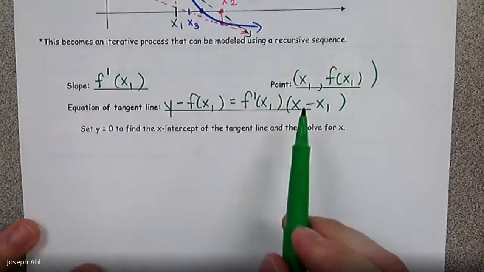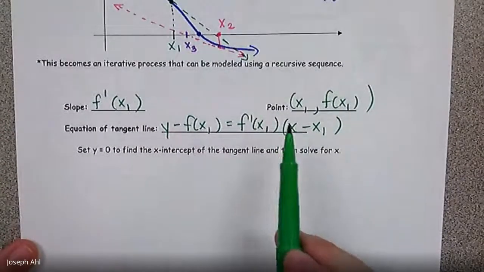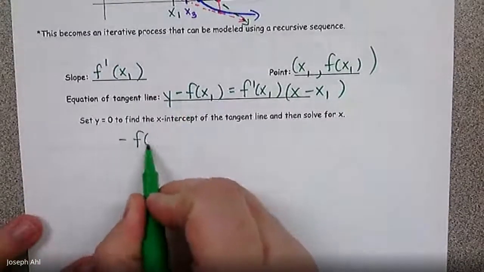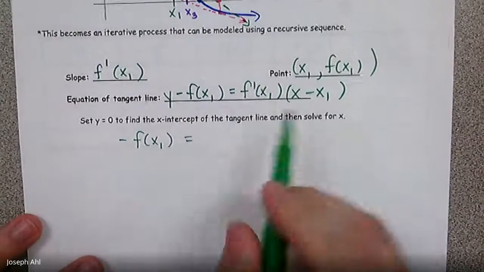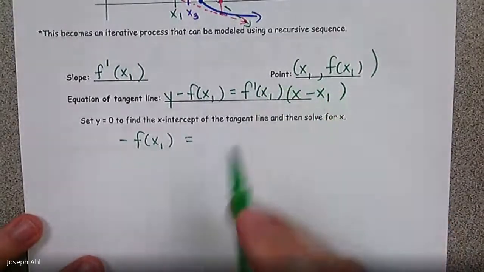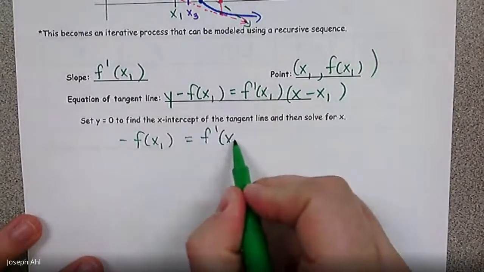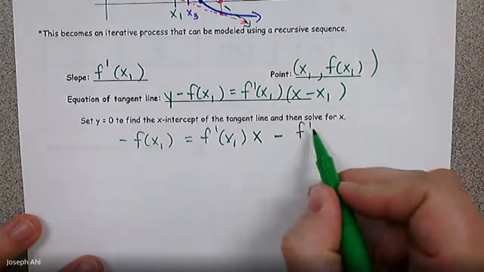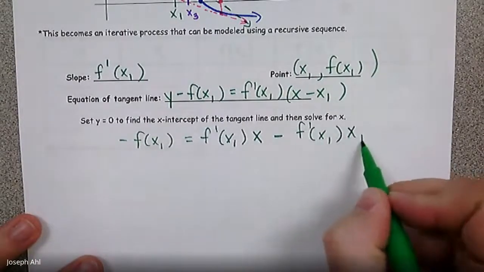And then we're going to solve for x, because this value of x right here is representative of the x-intercept. So when you plug in 0 for y, you get negative f of x1 is equal to, I'll distribute, f prime of x1 multiplied by x, and then also by x1.